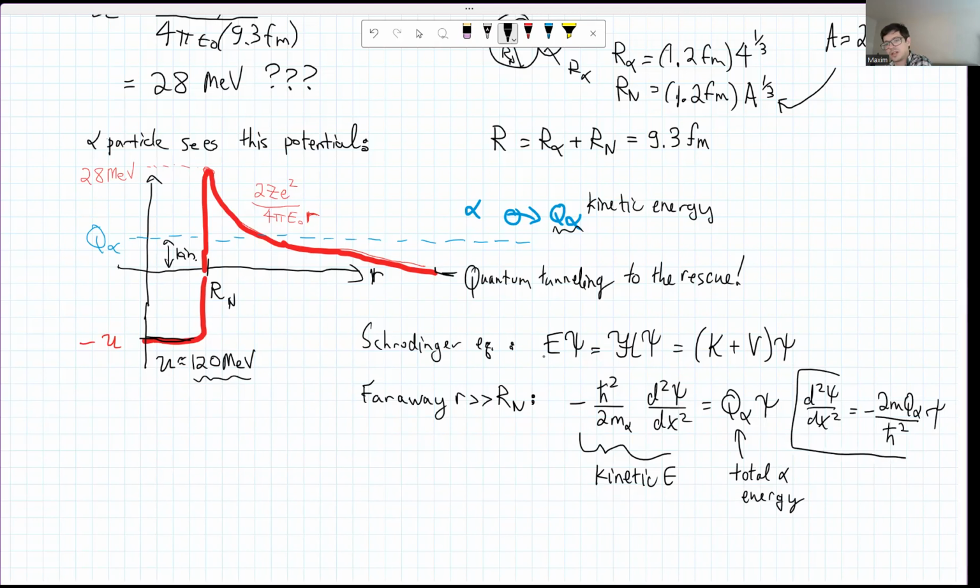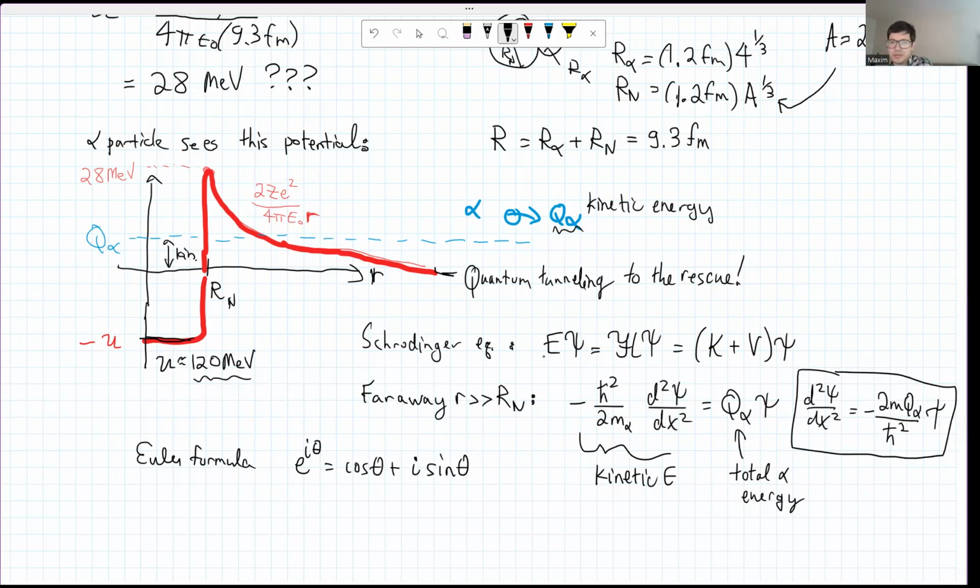It has solutions that are sines and cosines. And maybe you remember the Euler formula. You may or may not have seen this, but you can combine sines and cosines into a complex exponential: e to the i theta is equal to cosine theta plus i sine theta.